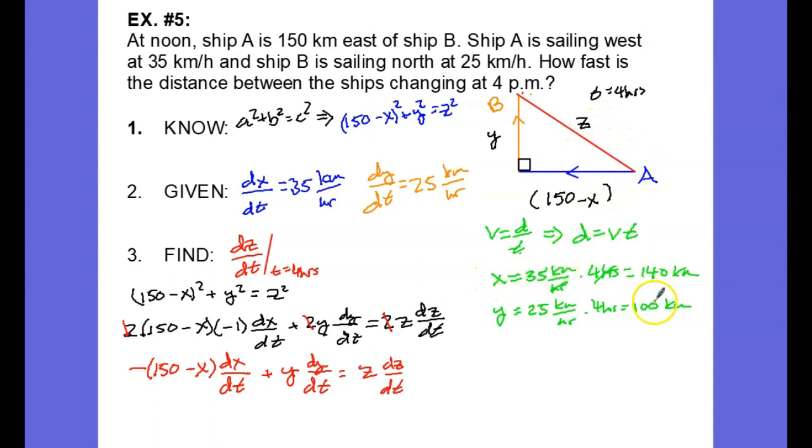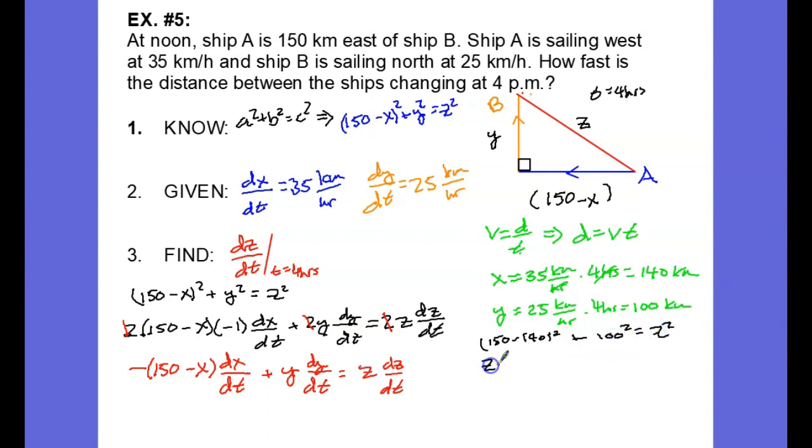And so let's plug into our relationship. We end up with (150 minus 140) squared plus 100 squared equals z squared.